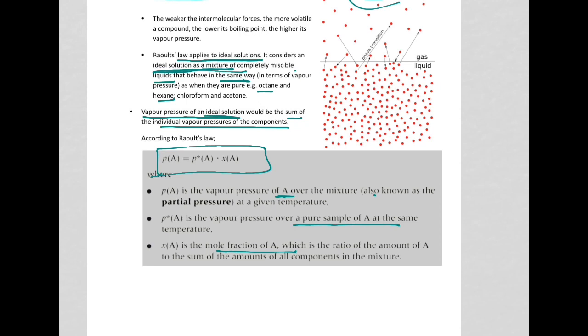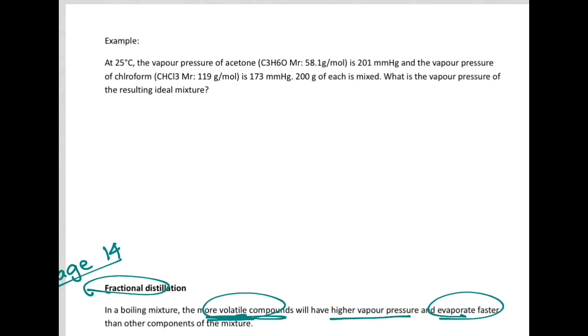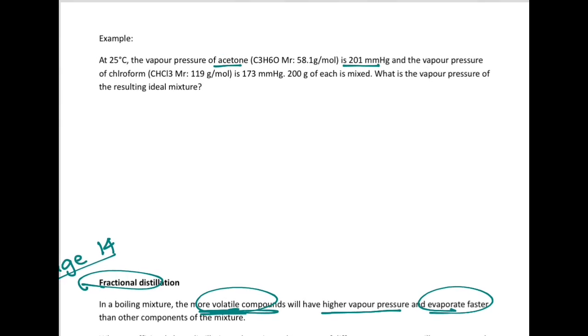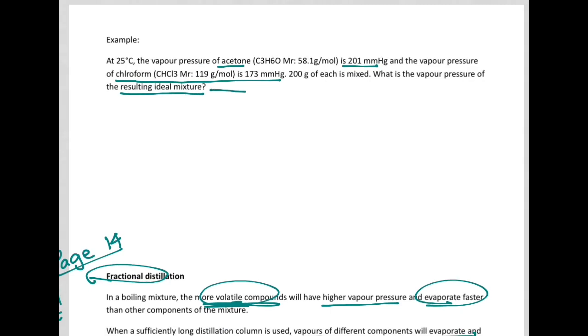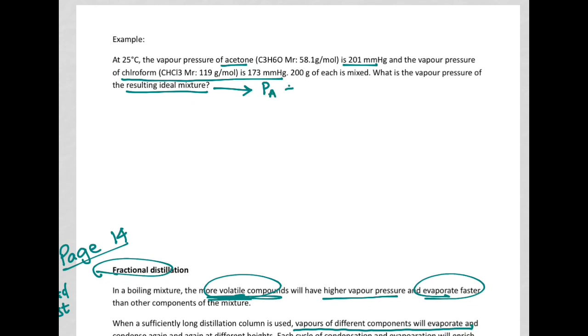Let's see all of this in a question. So you have acetone. The vapor pressure of acetone is given, and the vapor pressure of chloroform is given. 200 grams of each is mixed. What is the vapor pressure of the resulting ideal mixture? According to Raoult's law, it would be the vapor pressure of acetone plus the vapor pressure of chloroform.